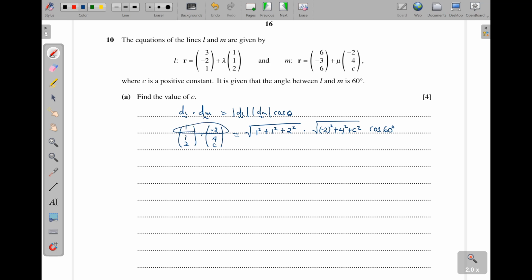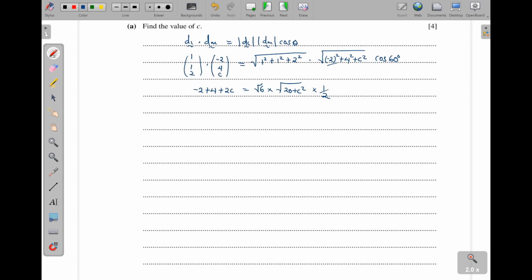So when I multiply here, I will get negative 2, then plus the 4, then plus the 2c. This way, this is 4 plus 1 plus 1, that will be 6. So this will be root of 6, then times the square root of this is 4 plus the 16, that is 20. So that means here we shall have 20 plus c squared, and cosine of 60 is a half.